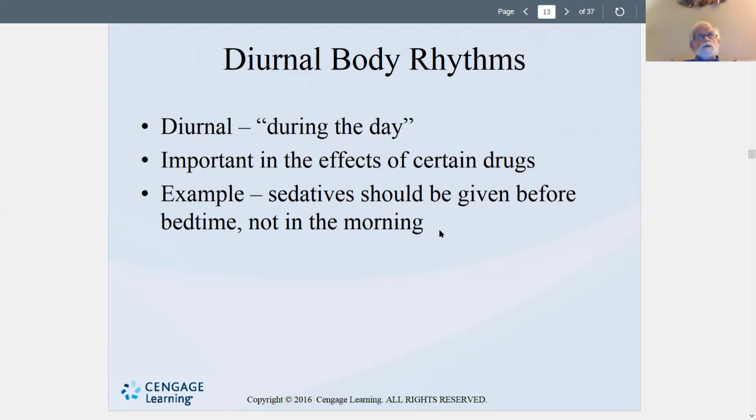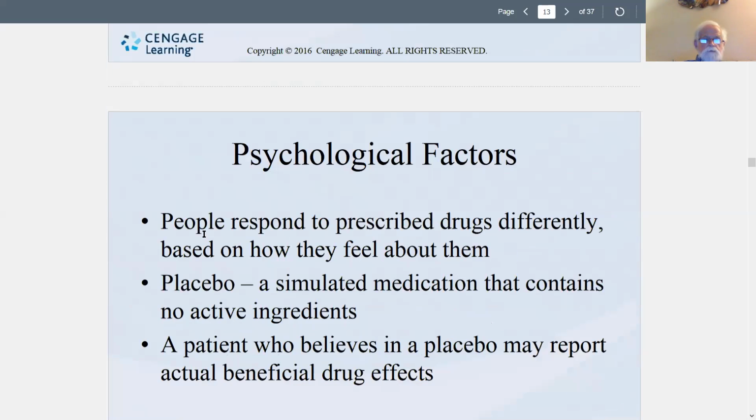For instance, the most prescribed drug in the United States currently is levothyroxine for poor thyroid function. You are supposed to take that when you get up in the morning and before you have any food, at least half an hour before eating, to be able to absorb that drug.